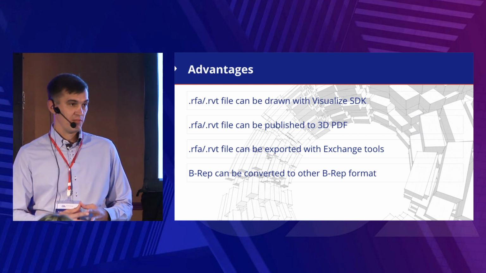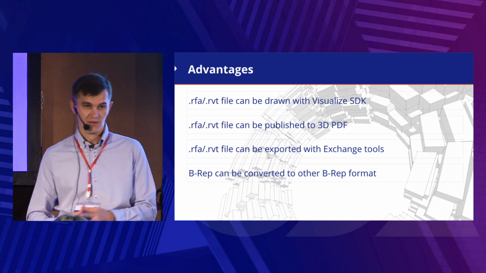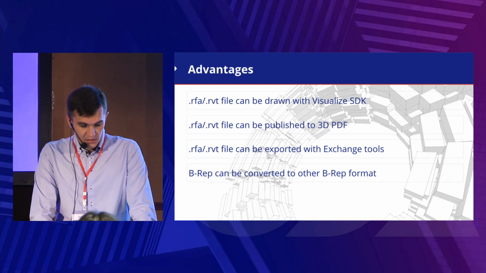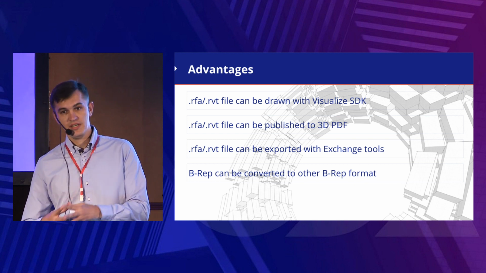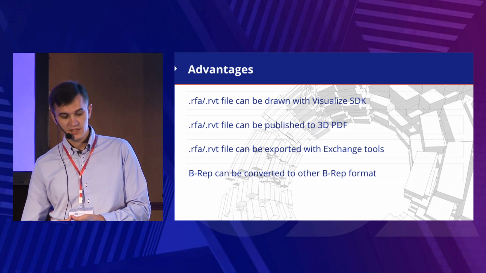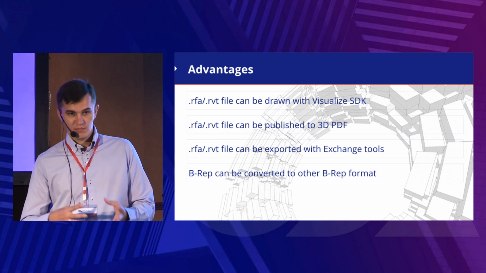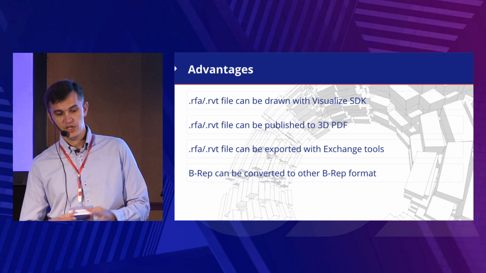You can also publish to 3D PDF or other file formats with Exchange tools, and convert BREP data to BREP data in another file format. This is also important for BIM because most of the geometry inside BIM files is BREP data.